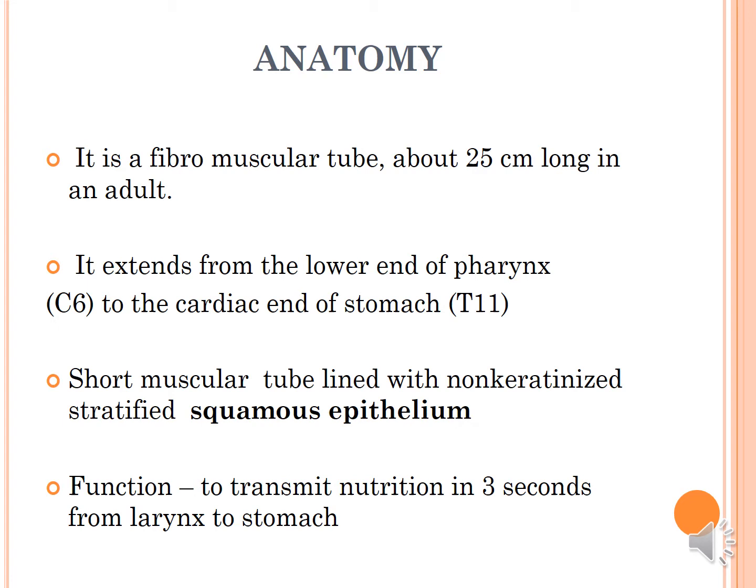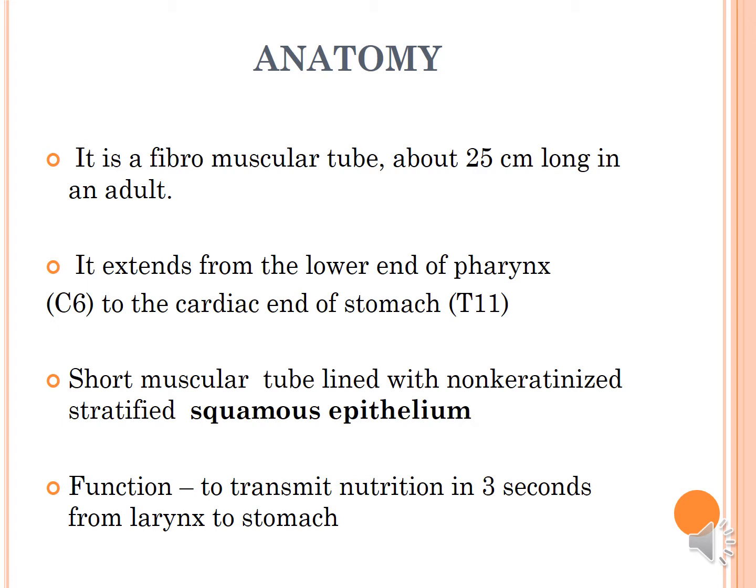So before going on to the diseases, let's take a glance at the anatomy of the esophagus. It is a fibromuscular tube which is around 25 centimeters long in an adult. It extends from C6, that is at the lower end of the pharynx, to the cardiac end of the stomach, that is T11.